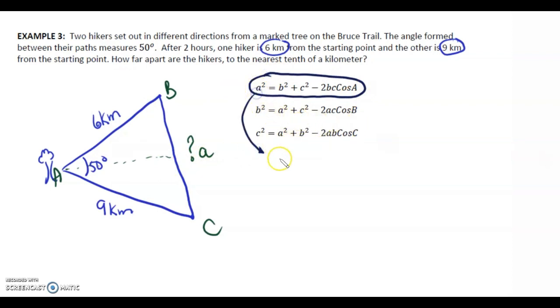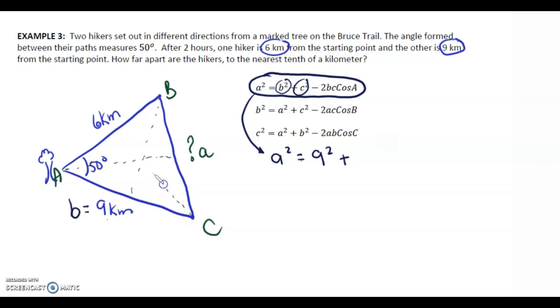Okay, so A squared, and we don't know A, so we leave that as A squared, equal sign, B squared, so let's label B. So opposite B, this is going to be B, it's going to be 9 kilometers. So 9 squared plus C squared now.